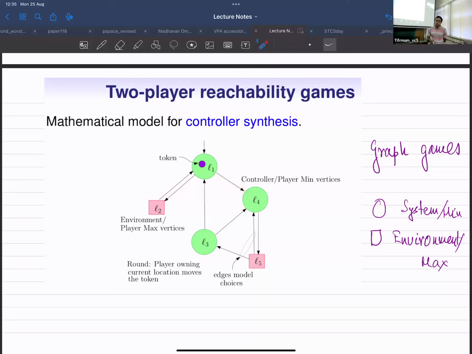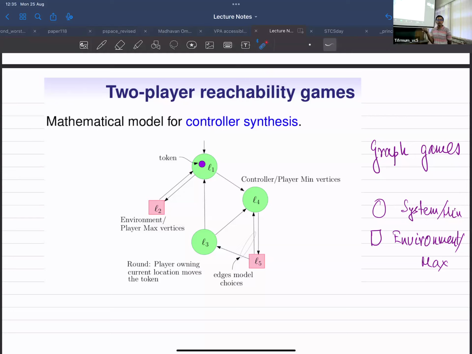And then from L4, suppose again I just have one possibility, so I go here. But now the environment can always send me back. So here I don't have a policy to actually reach L3. So this objective, which is to reach L3 irrespective of how the environment behaves, doesn't work for this specific game.